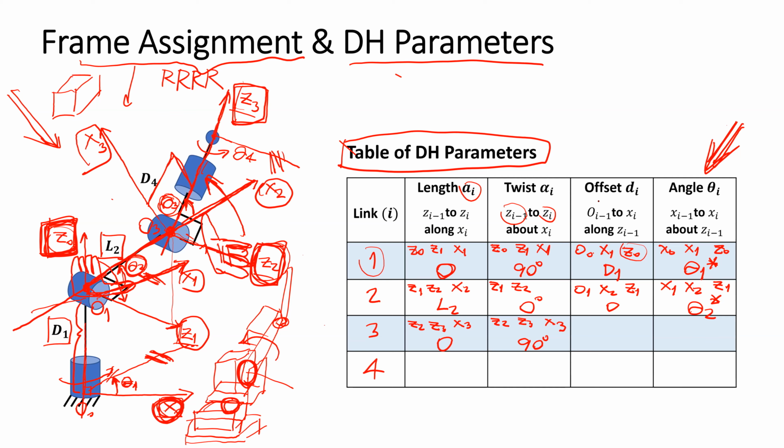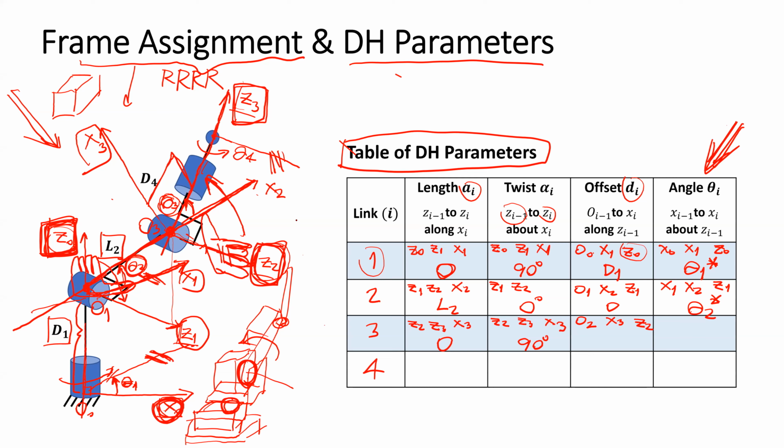Consider the offset D of the link 3. Offset is the distance measured from O2 to X3 along C2. O2 is the origin of the frame 2.